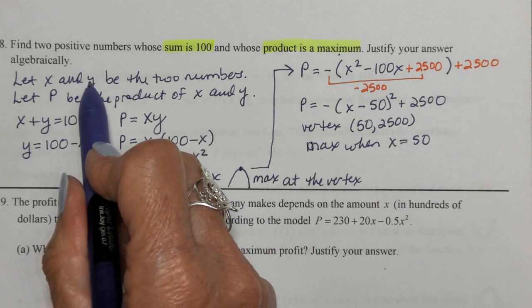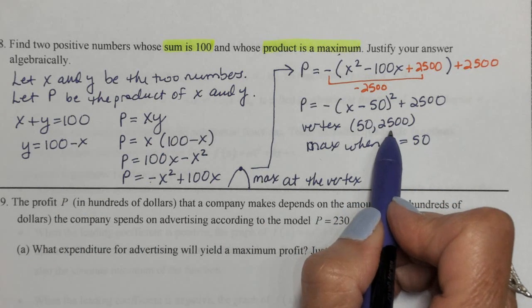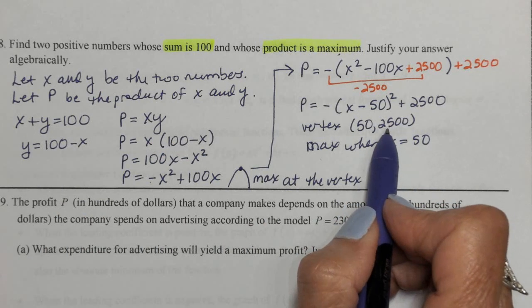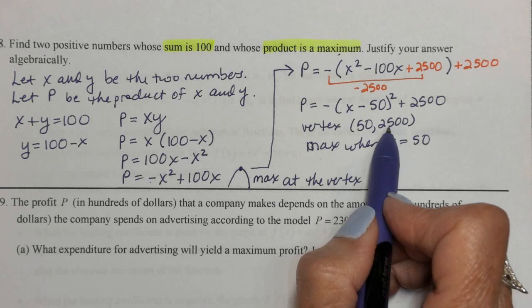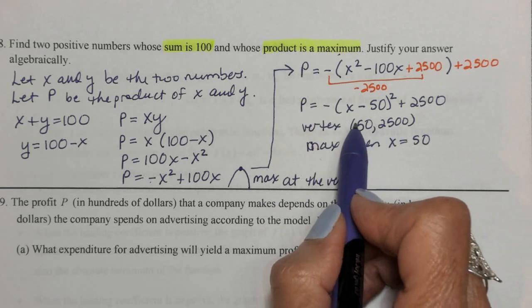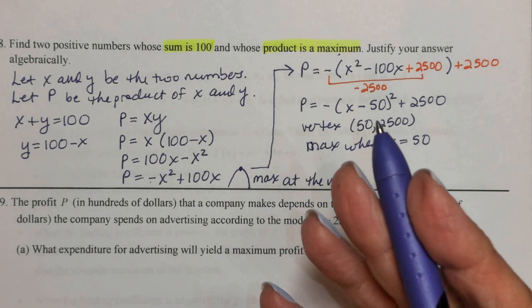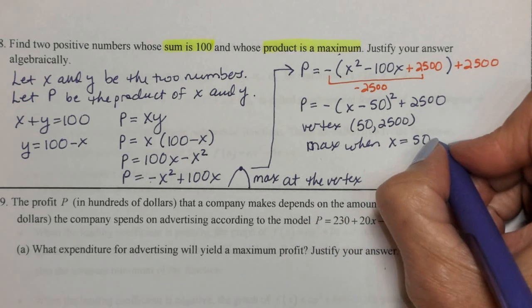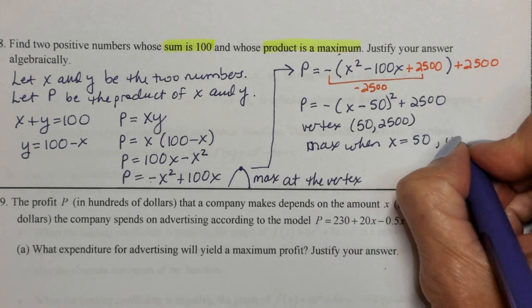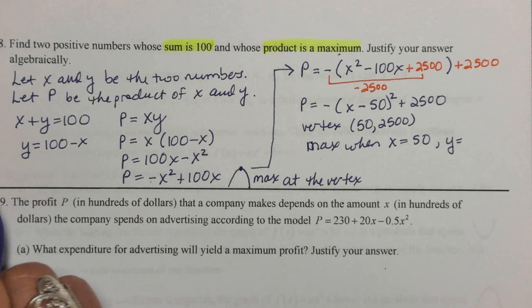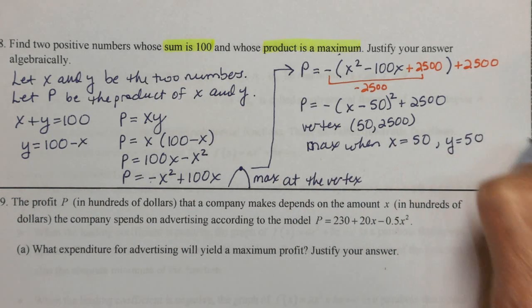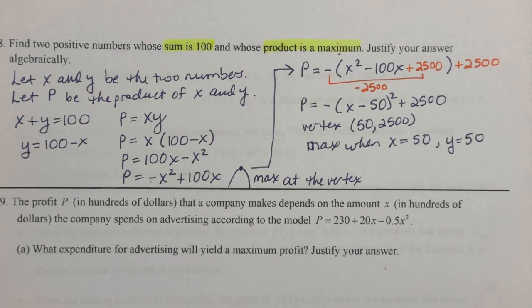Is this y? No, it's definitely not y. It is the maximum. That 2,500 is the maximum product. It's the product, okay? So max when x is 50 and y is 100 minus 50, which is also 50. Okay?